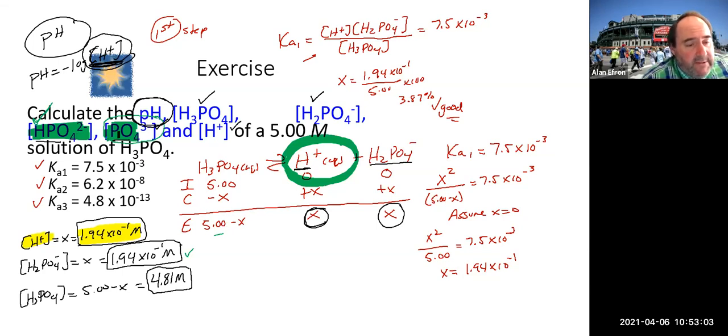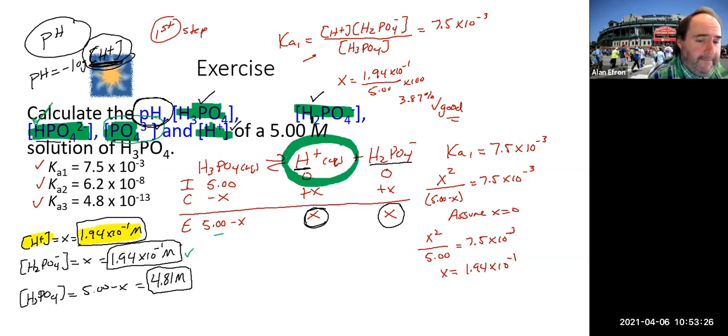So sometimes you do come across a polyprotic acid where, much like this question, they want to know what everybody's concentration is. In those situations, you obviously would have to do each step along the way. If you're just asked what the pH is or the H plus concentration in a polyprotic acid, you can pretty much safely just do it off of the first step.